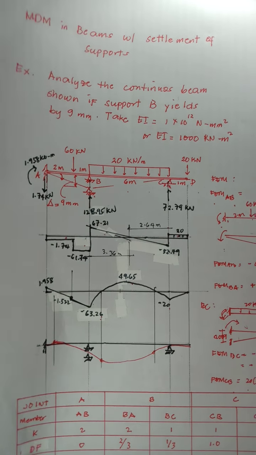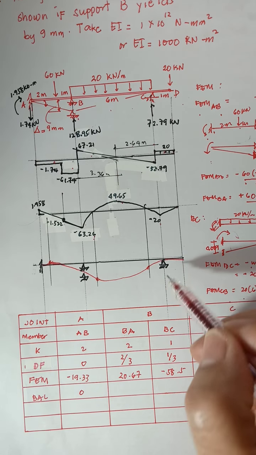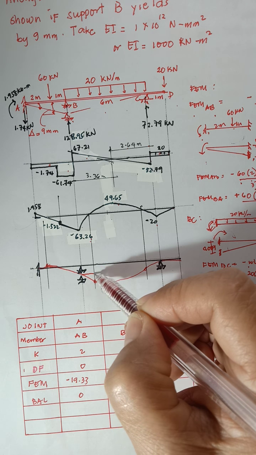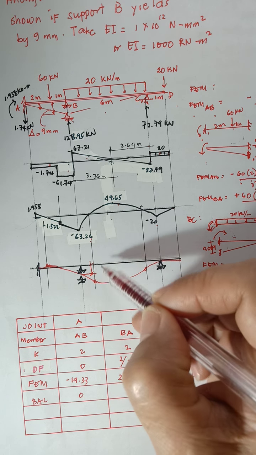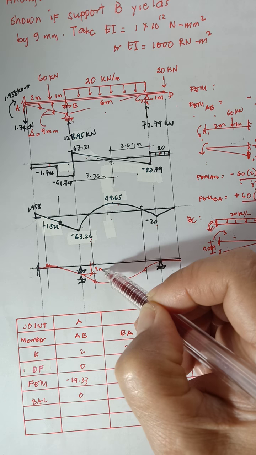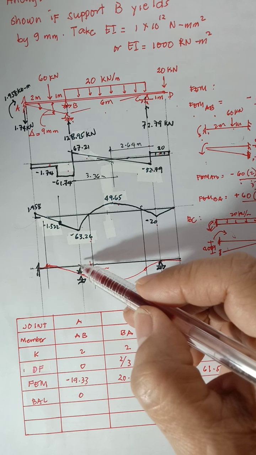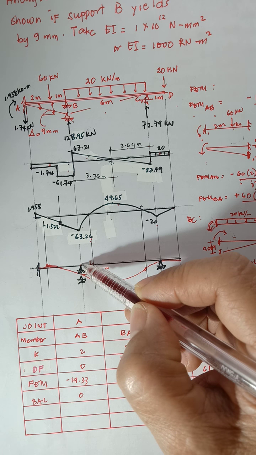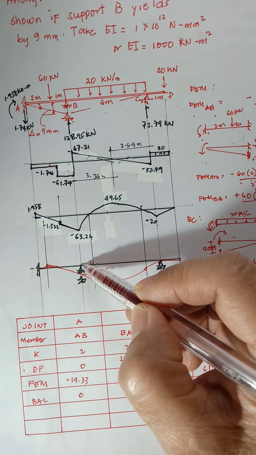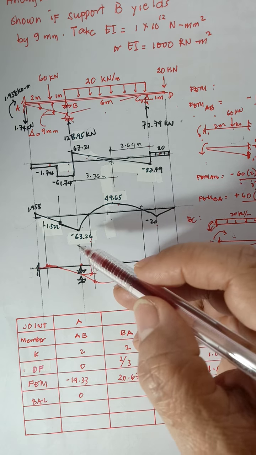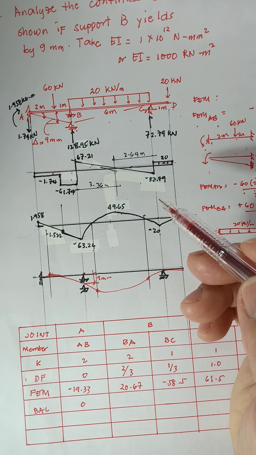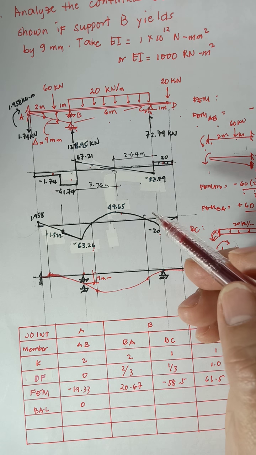Okay, for our elastic curve, we draw the beam, we place the supports, and then note that there is settlement at B. It settles an equivalent of 9 mm. So your elastic curve will not pass here; it will pass below, because there is settlement. If there were no settlement, the deflection would be 0. We draw our elastic curve based on the moment diagram.